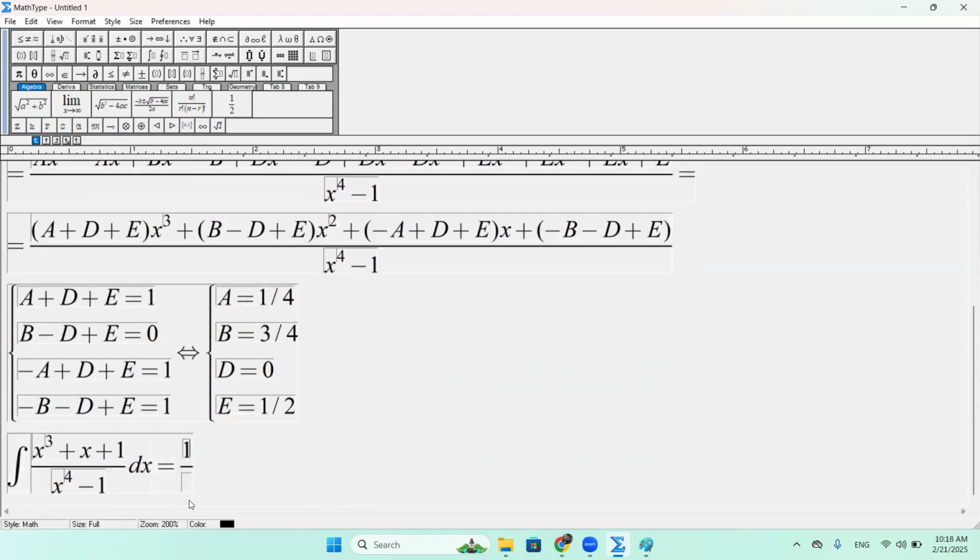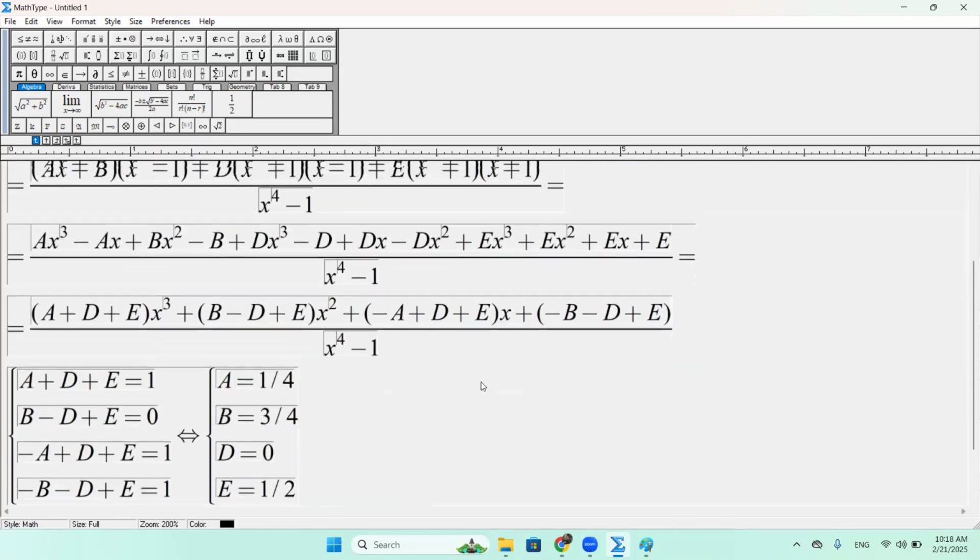So 1 over 4 times x divided by x squared plus 1 dx, plus 3 over 4, but without x, so only dx here, and d equals 0.